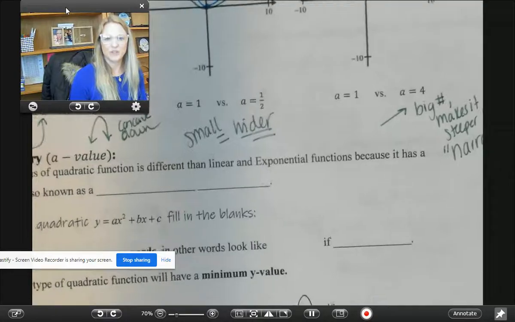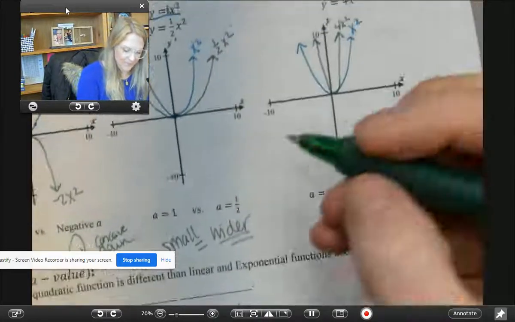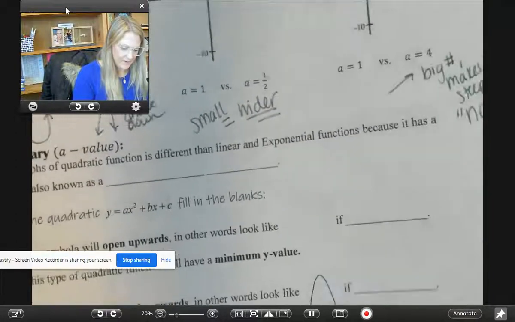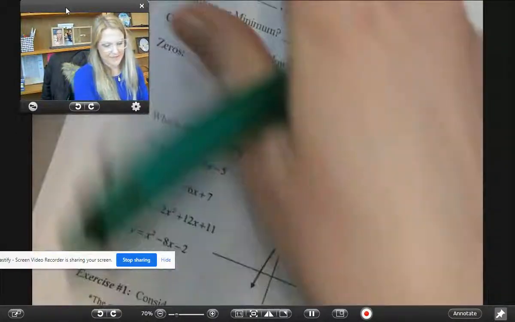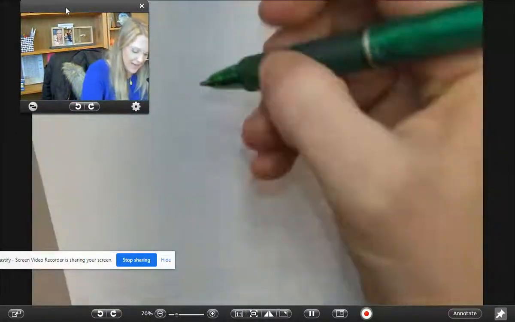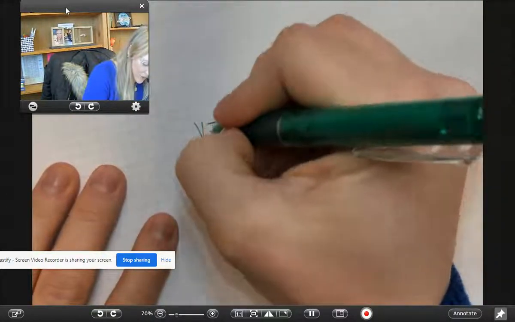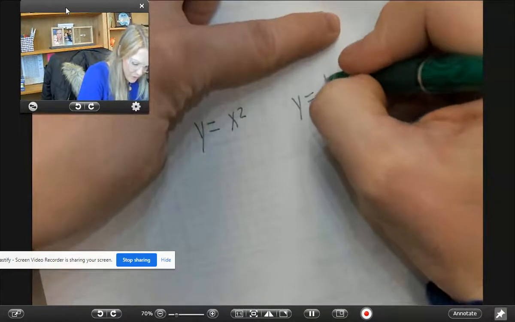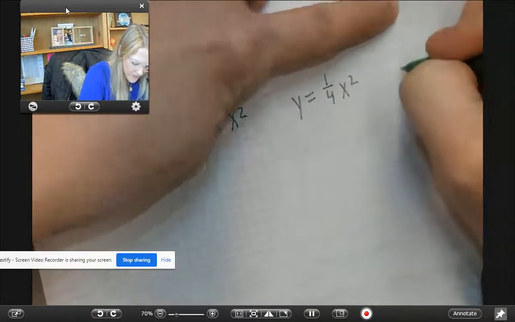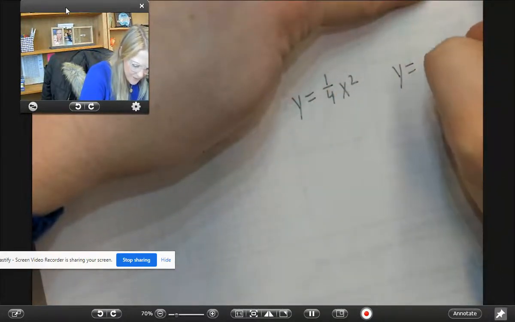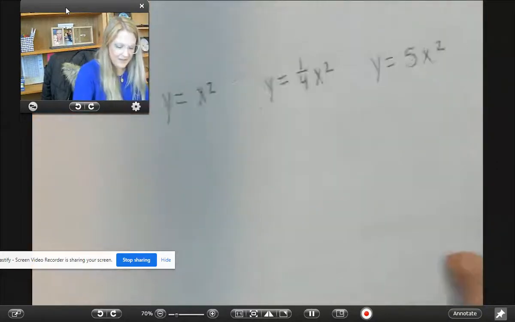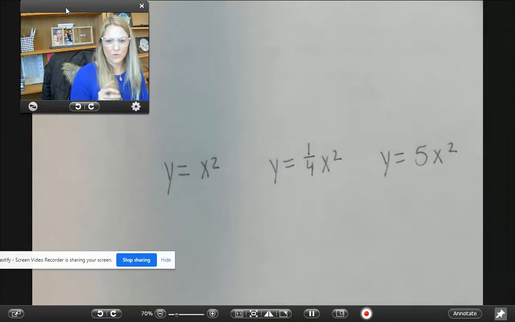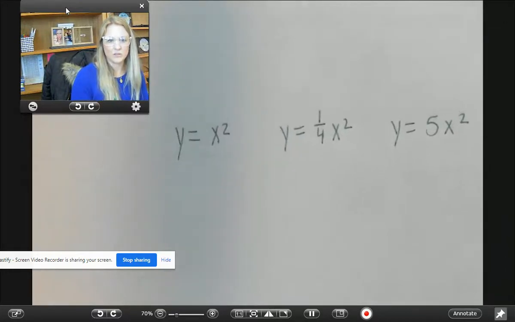Okay, so I have a challenge for you. Let's think about this for a minute. I think I have blank paper on the back of this side. Yes, I do. Okay, so if I have y equals x squared, if I have y equals 1/4 x squared, if I have y equals 5x squared, okay, let's think about how these would look, okay?